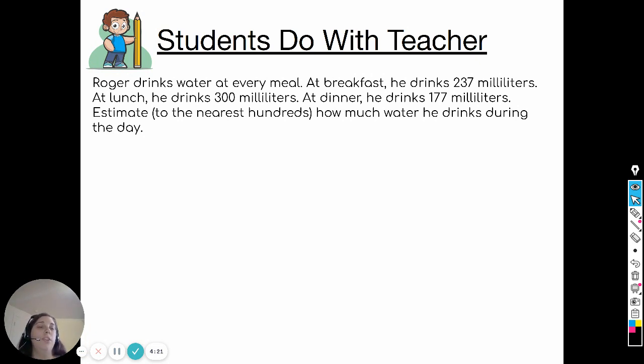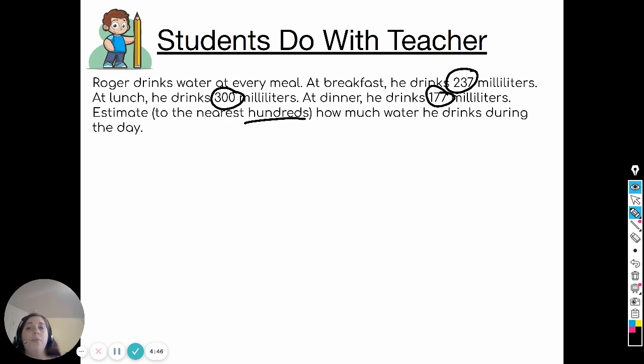At breakfast, he drinks 237 milliliters. At lunch, he drinks 300 milliliters. At dinner, he drinks 177 milliliters. Estimate to the nearest hundreds how much water he drinks during the day.